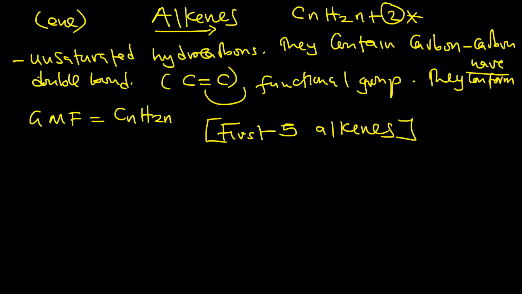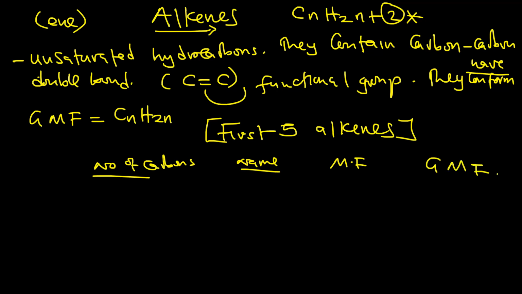So just like alkanes, also here we look at the number of carbons first, then name, then molecular formula, then general molecular formula. Now, number of carbons, we said alkenes start from 2.